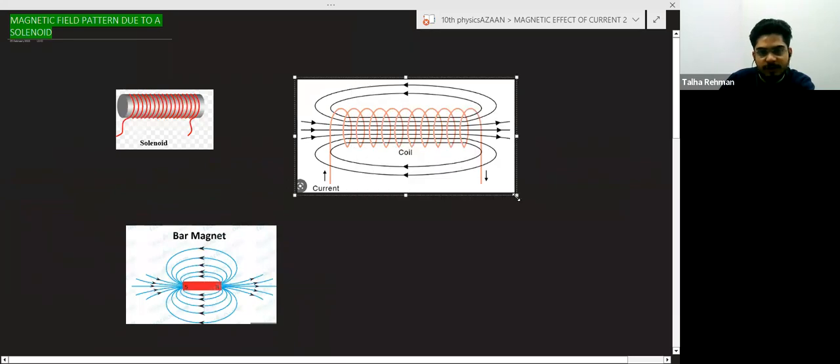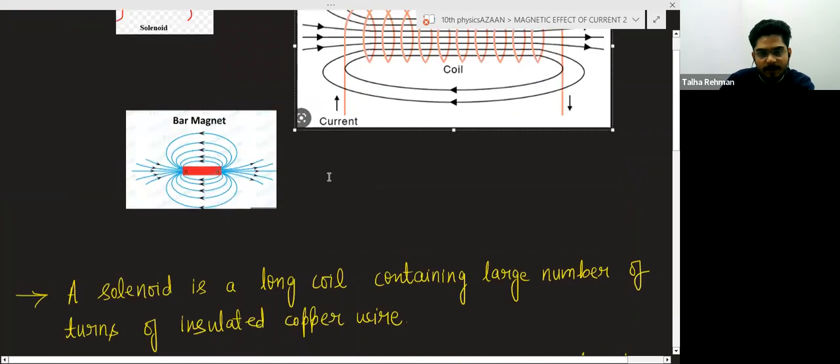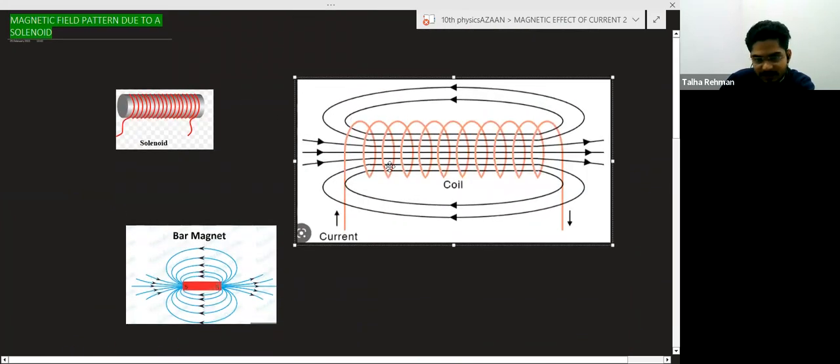So what is a solenoid? See first this figure. This is the wire like this in the helical form, and a current is flowing in this wire. Due to that current, there is a magnetic field around or in this solenoid.